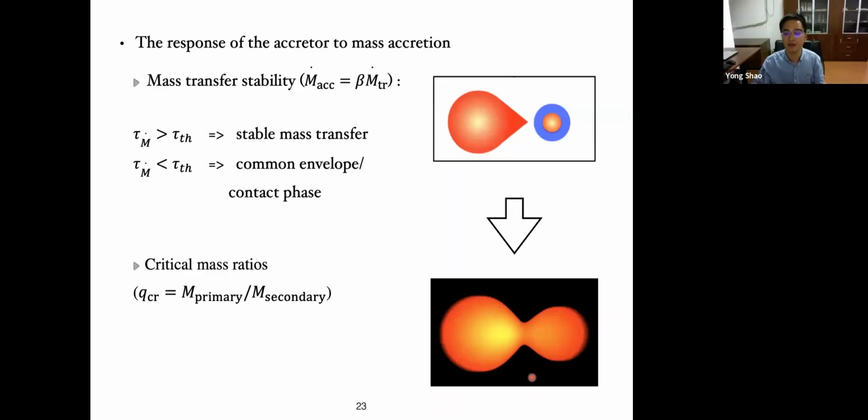And the contact binary may be followed by common envelope evolution. So in this case, the mass transfer is dynamically unstable. So whether a binary evolves stably or unstably is dependent on the mass accretion rate of the accretor, and also dependent on the mass transfer efficiency beta.